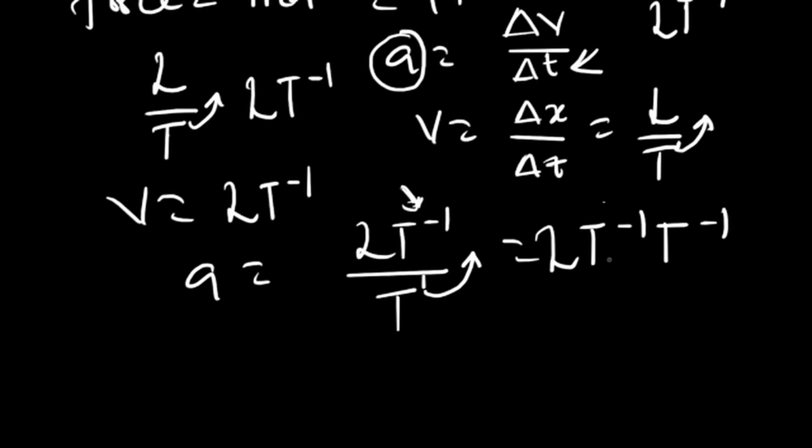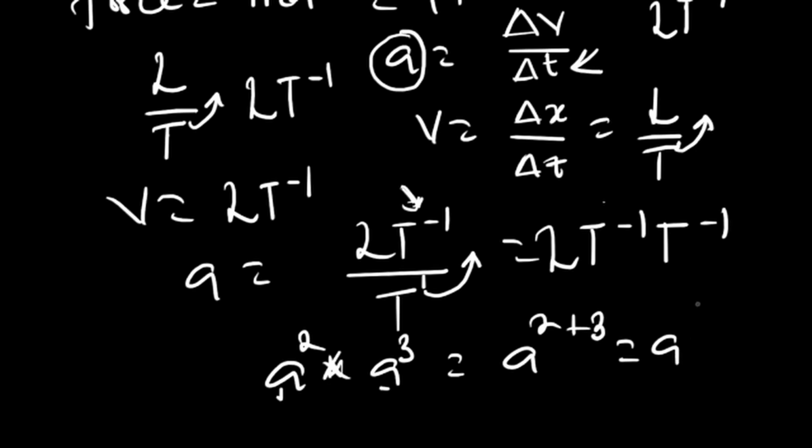Now, we have to apply what we call the multiplication law of indices, which says that if you have two or more bases that are the same and they are multiplying, you add their powers. For example, suppose you have a squared times a to the power of 3. Since a and a are like bases, we simply add their powers, and we obtain a to the power of 2 plus 3, which is equal to a to the power of 5.